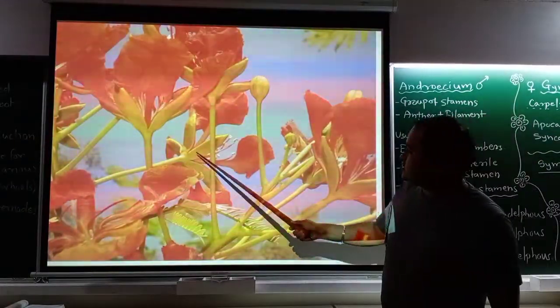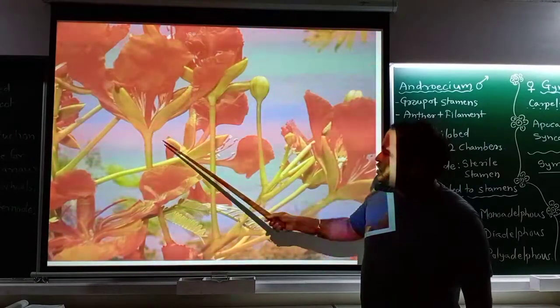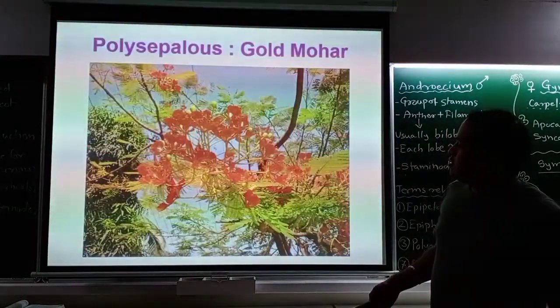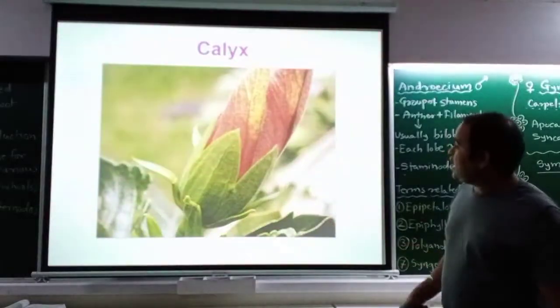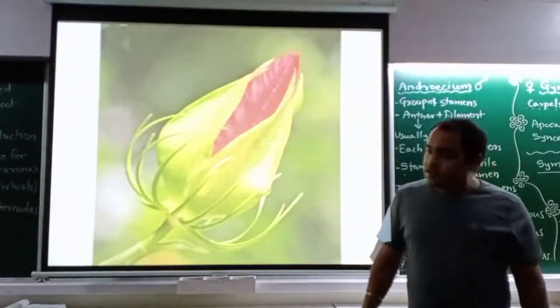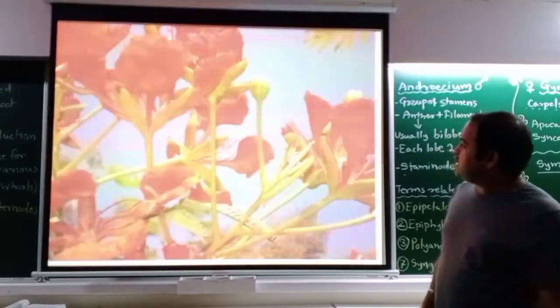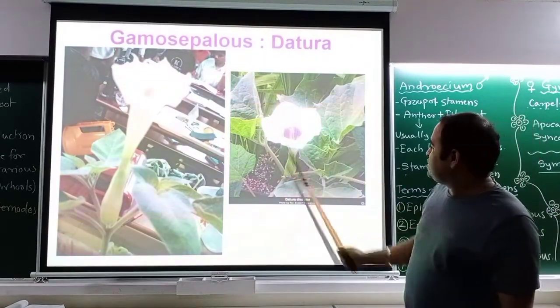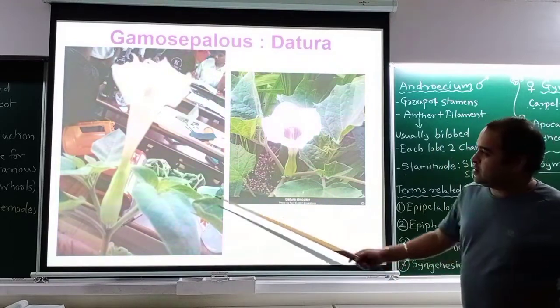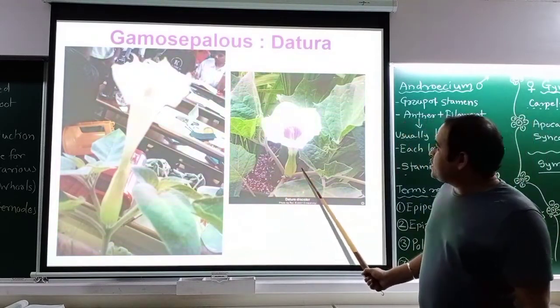So this is polycephalus and this is gamocephalus. I think I have a few more pictures about this. Yeah, gamocephalus. A typical flower, the Datura flower. It is showing green color.